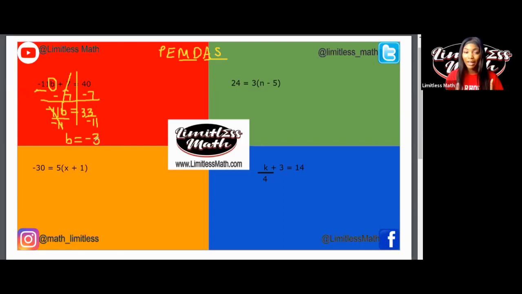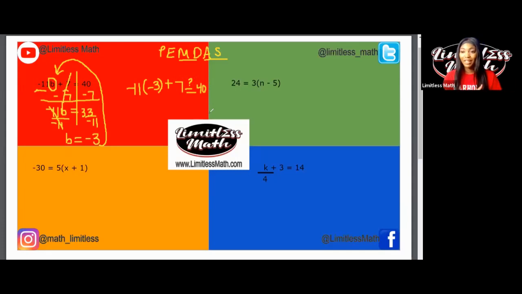So I'm going to show you how to check your work, simply substituting your solution back into the original problem. Okay, so negative 11, instead of b as a variable, we think b is negative 3. So let's replace it. Plus 7, and we think, we hope, that equals 40.